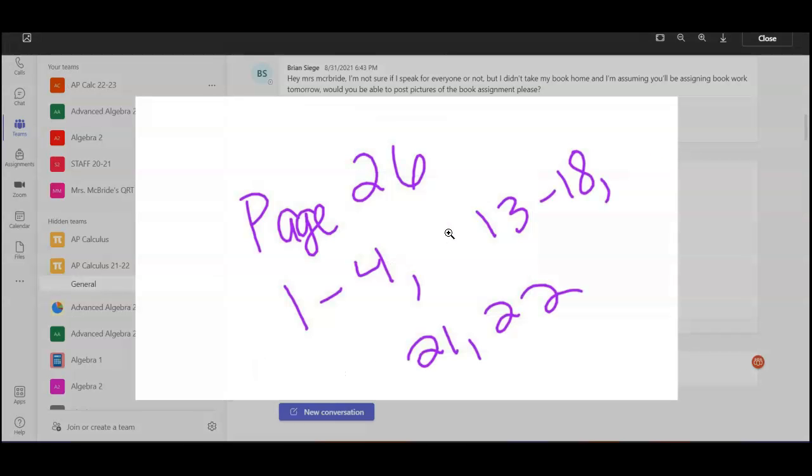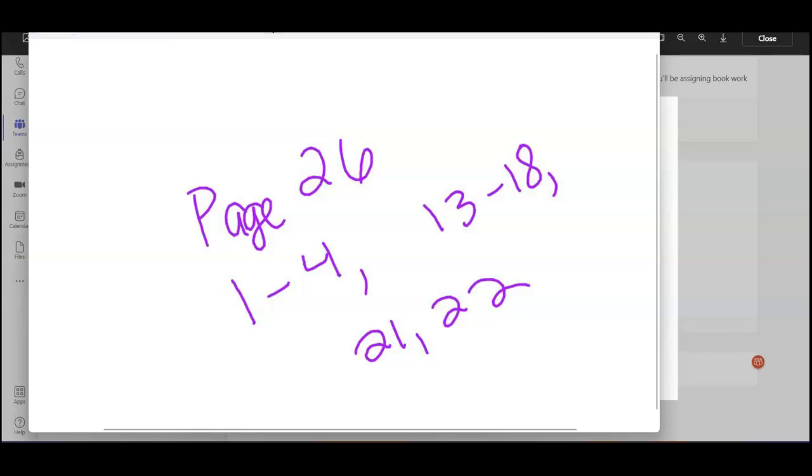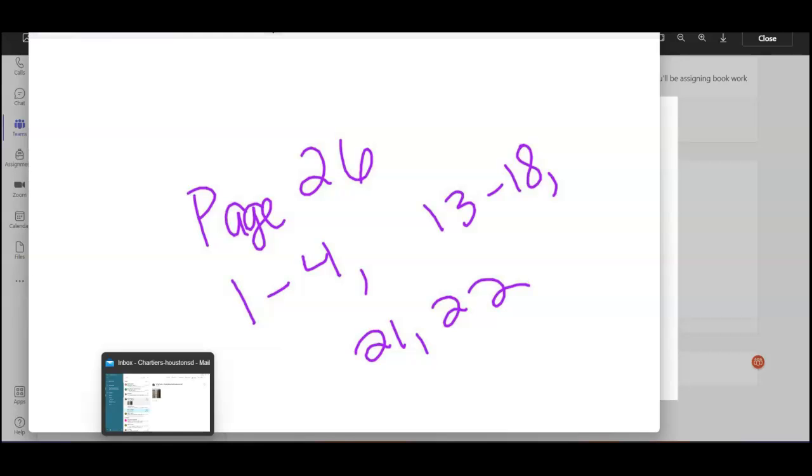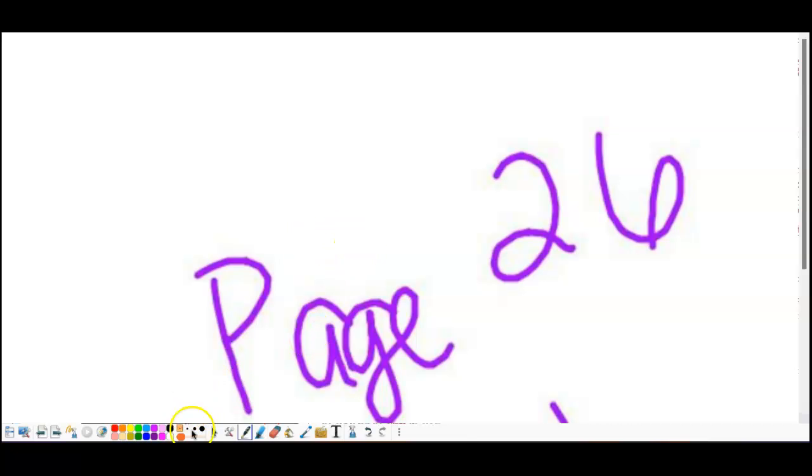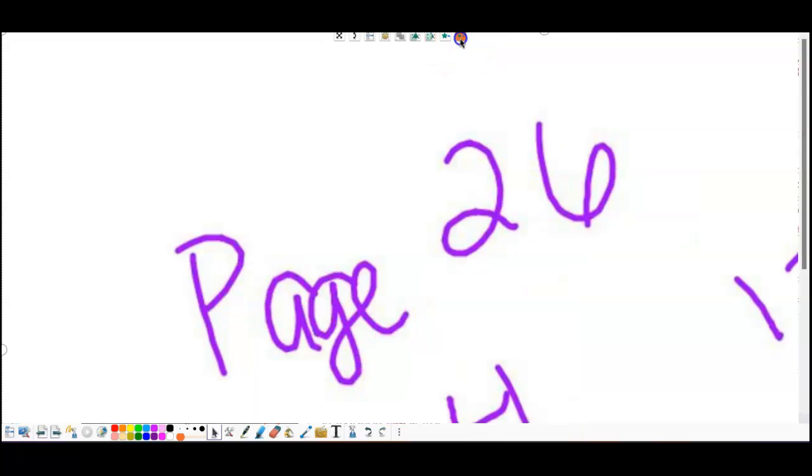It's this one. There you go. 1 to 4, 13 to 18, and 21 to 22. Super. Oh, look, I definitely copied you. Let's repaste you into my Promethean slide. Control V. Whoa. I pasted huge.